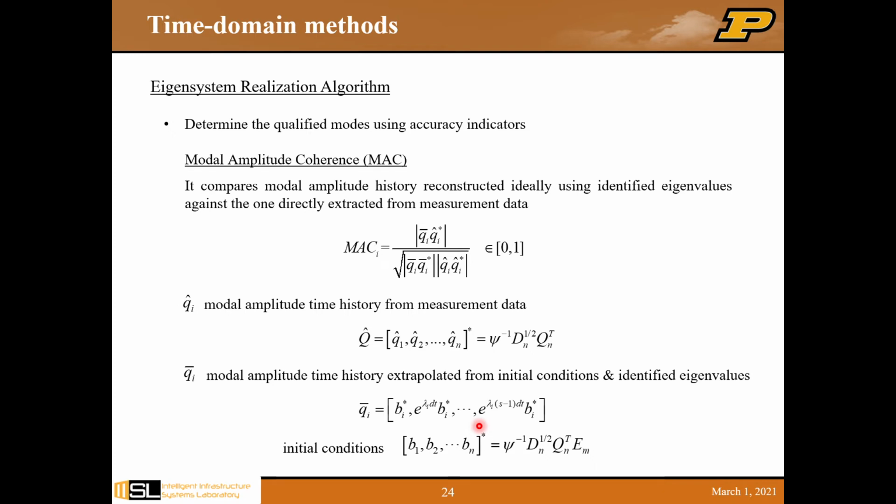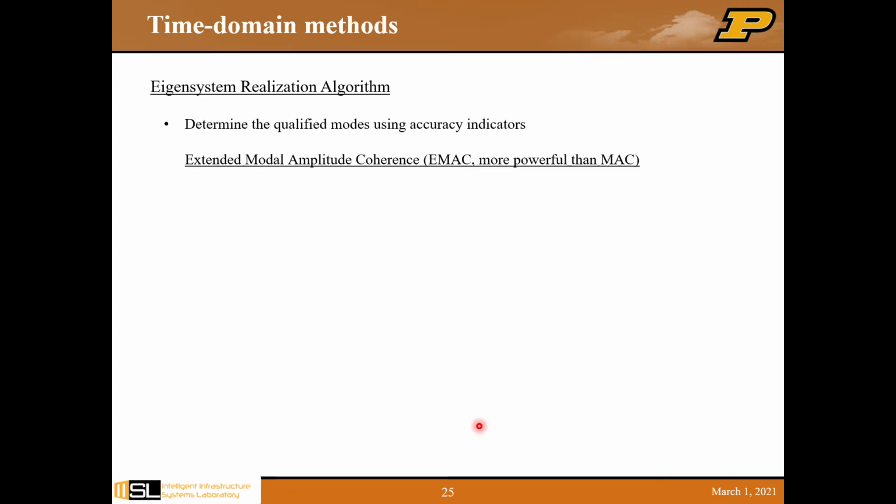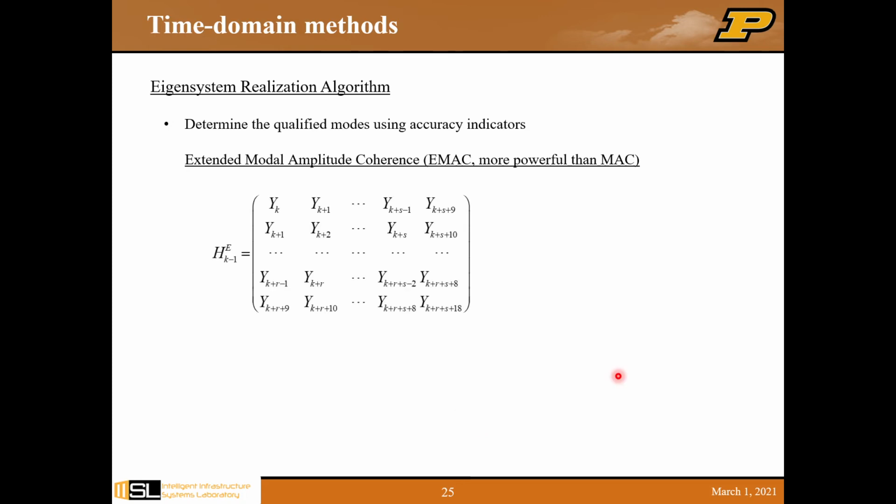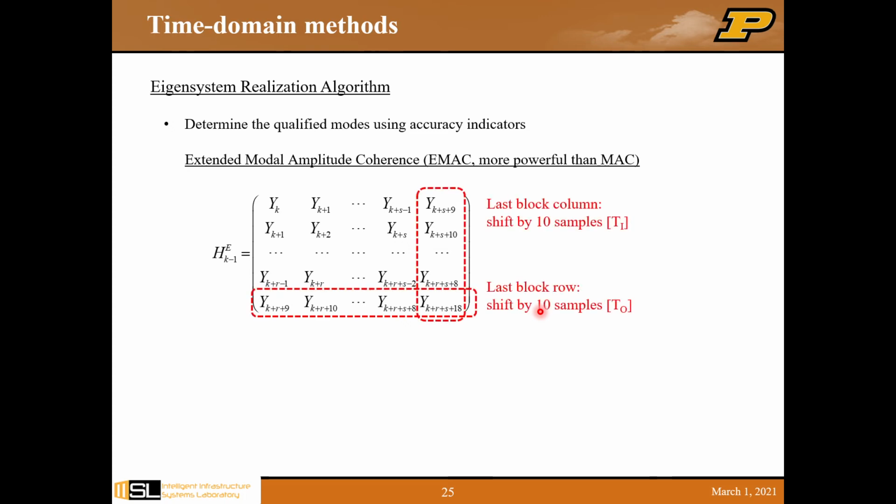But it's not very powerful, and it's not very accurate. Therefore, researchers extended it to the extended modal amplitude coherence, EMAC. The basic idea is that we first extend the Hankel matrix by adding one additional row and one additional column at the end.